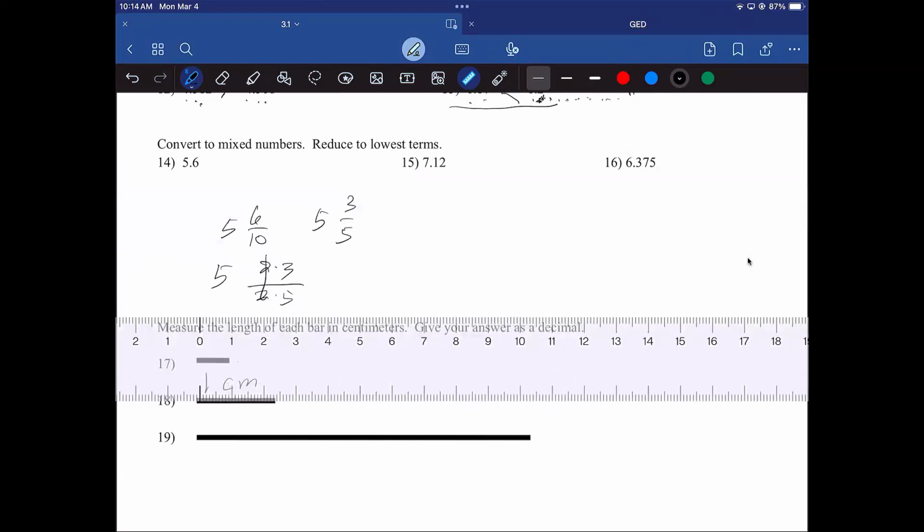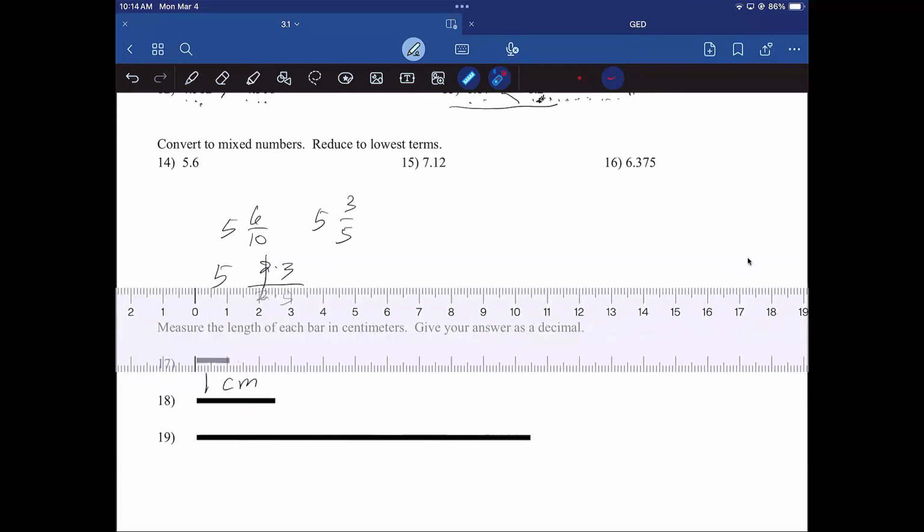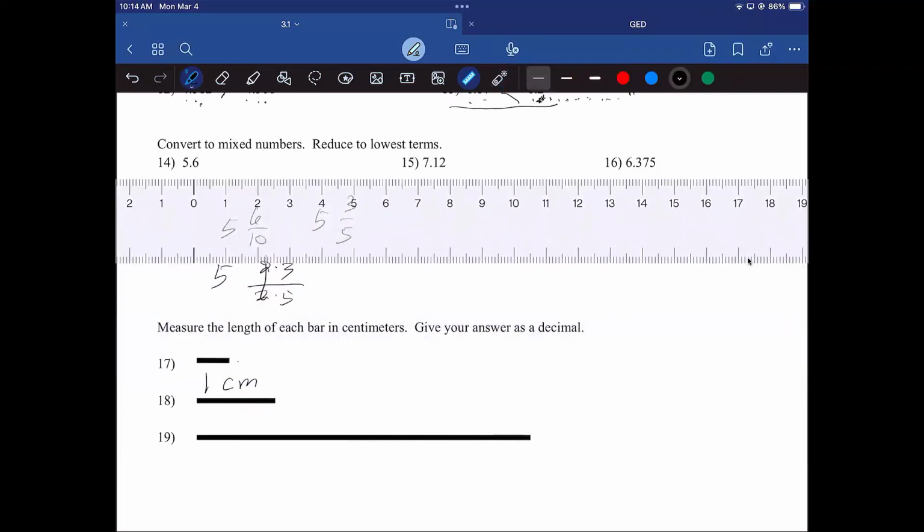Next one. We're just going to measure it. And it's going to be, again, 1, 2.5. So we will call the next one 2.5 cm.